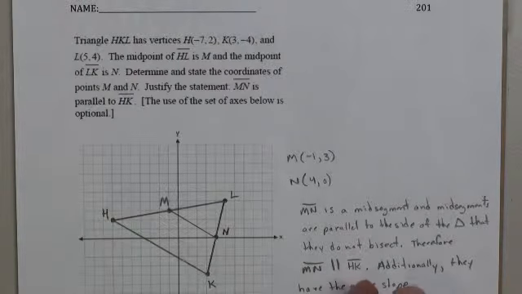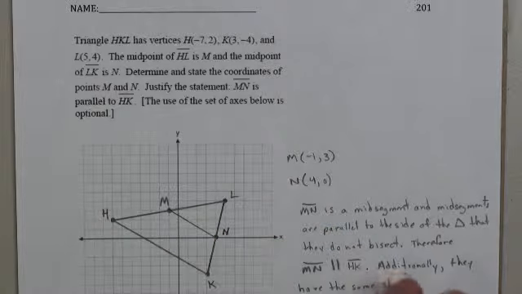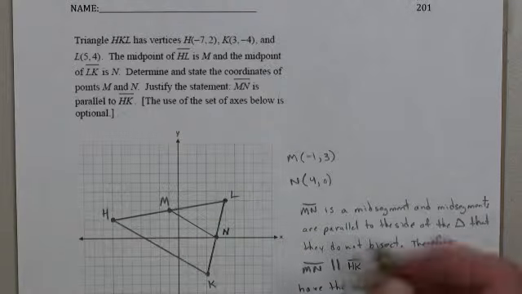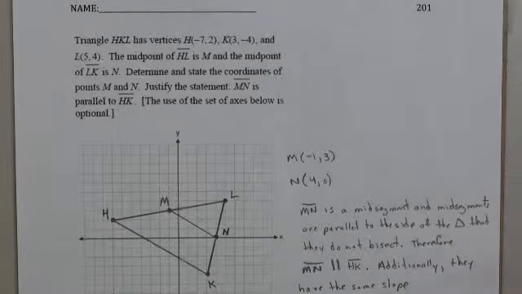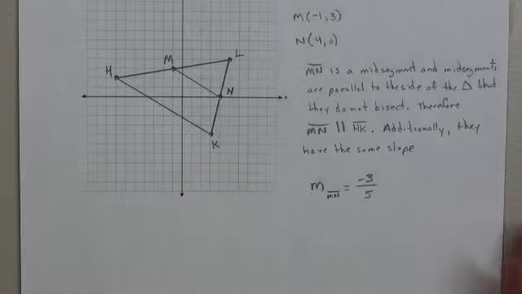The slope of segment MN equals, so to go from M to N, I go down 3, so that's negative 3, the Y is always on top, and then I go to the right 5, that's positive 5. So that's my slope for MN.